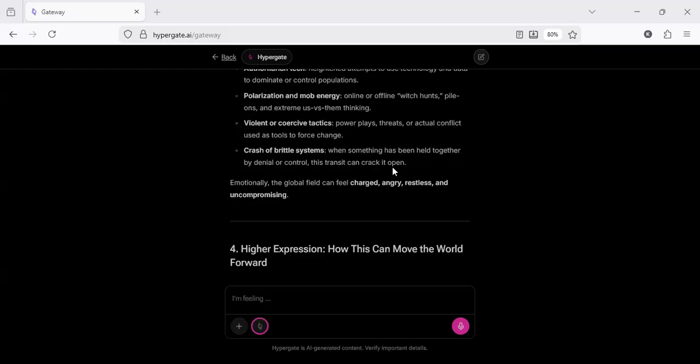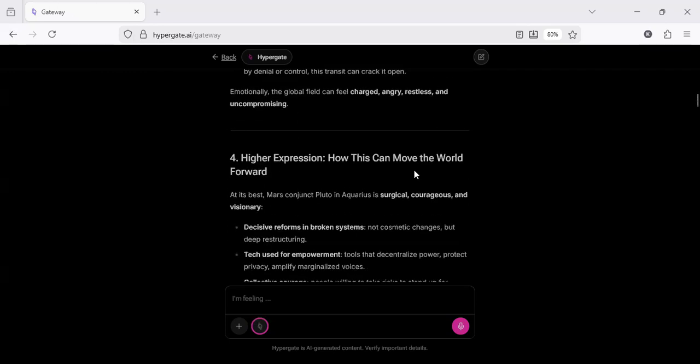To me, Mars and Pluto in Aquarius reminds me of the Tower card in the tarot, where kings or people in power, the elite control that are not for the people, the ones that are not helping the people, are being ousted. And we're still in massive confusion. We're going to still be in a lot of confusion, and I'm going to get to something with AI in just a minute. But anyway, higher expression, I'm going to move on.